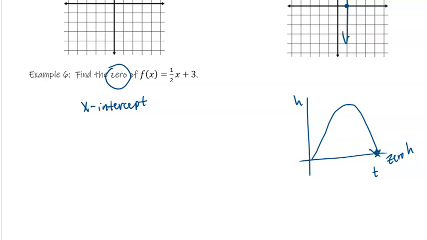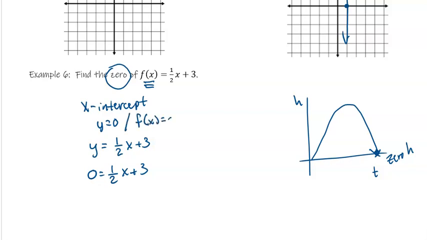Okay, so x-intercept for this one means that y equals 0. Well, this one has an f of x with it. But wait a minute, I did tell you that f of x equals y. So I could change that to this. So this is 0 equals 1/2 x plus 3. And really, another way to write this is f of x equals 0.